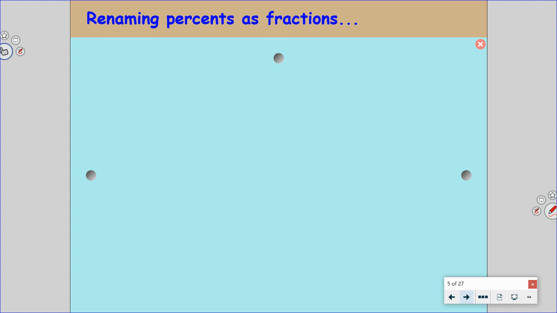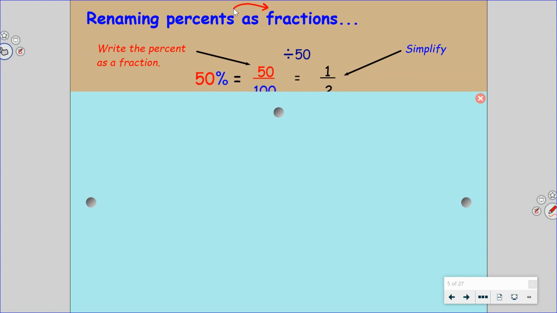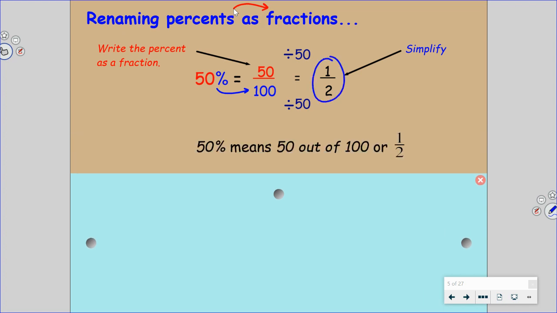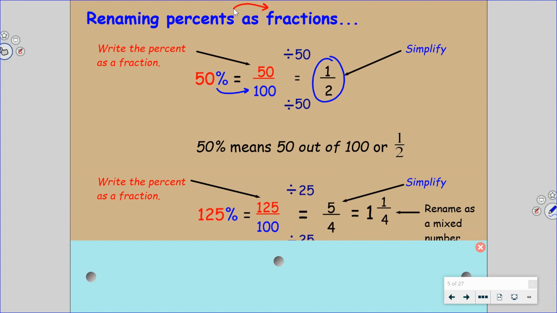So how do you rewrite a percent to a fraction? Well, use what we know about percents. If percent means per 100, you can take that percent number and simply set it in the numerator with a denominator of 100. From there, reduce. So 50% literally means 50 out of 100, which could also be rewritten as 1 out of 2. Another example here, what about 125%?